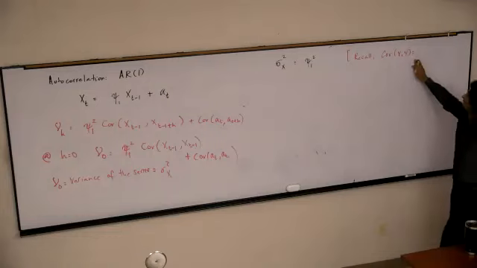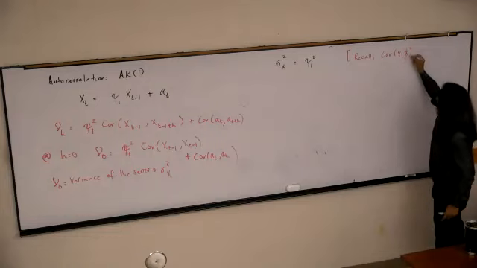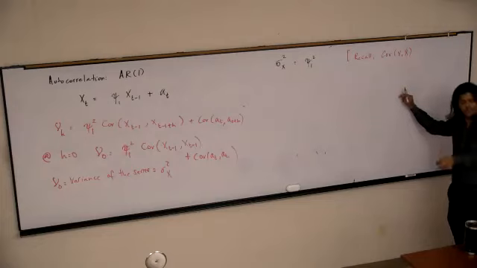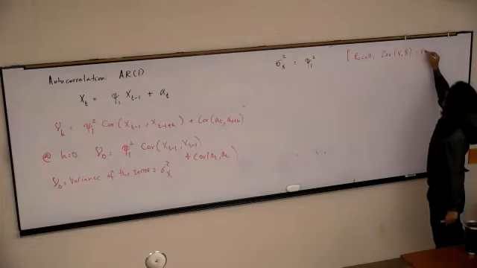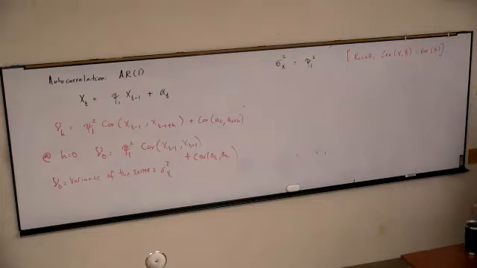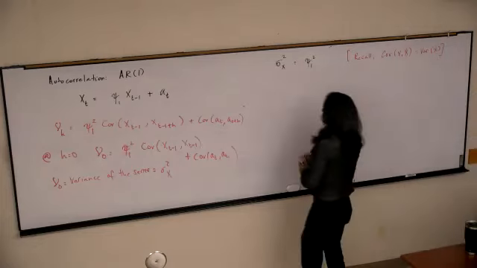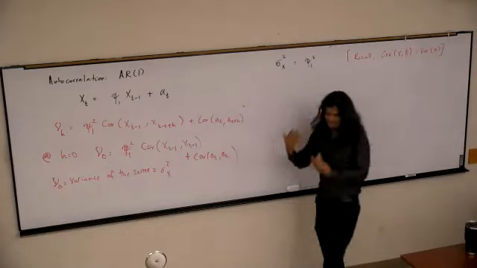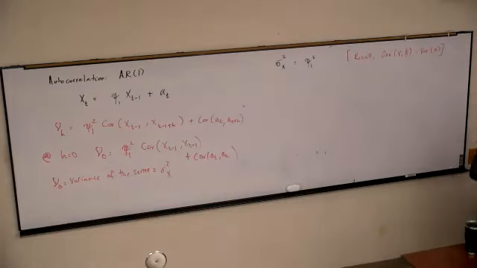But if I rewrite it as covariance x comma x, that is simply the variance of x. Good. So this term will be the variance of xt minus 1.